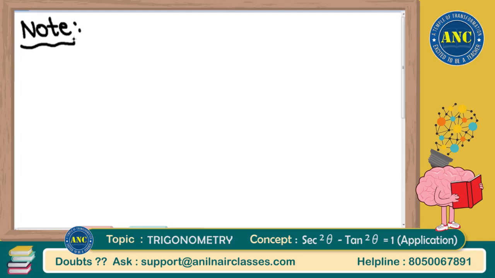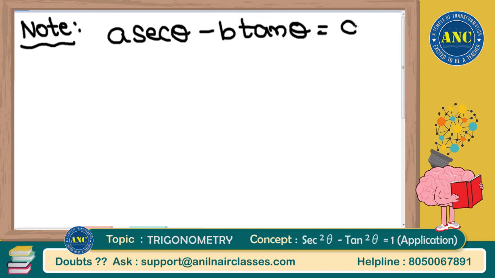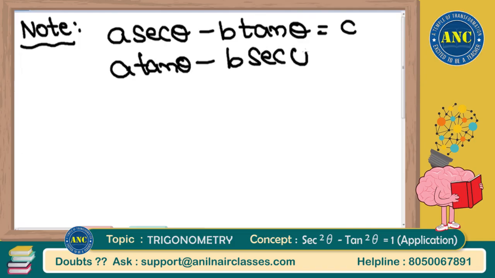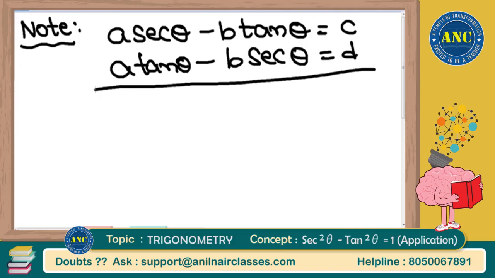Can I say that a secant theta minus b tan theta, suppose it is giving me something called c, and a tan theta minus b secant theta, suppose it is giving me something called d? Here the coefficient of a is secant, and here it is tan. Here the coefficient of b is tan, and here it is secant. Yes, there is a reason, sir.